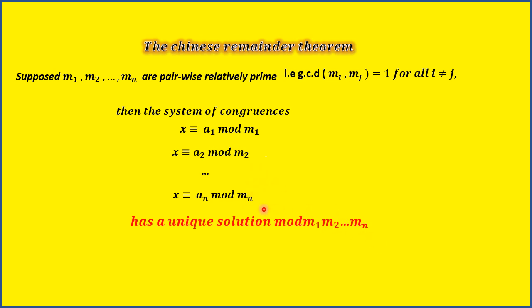If you find that it is 1, then our solution will be unique and it will be congruent modulo m1 m2 up to mn, the product of the moduli. So now let's see how we can use this to solve our desired question.